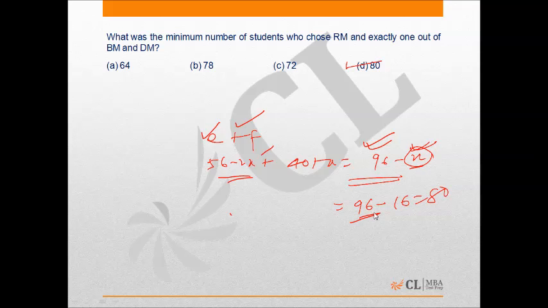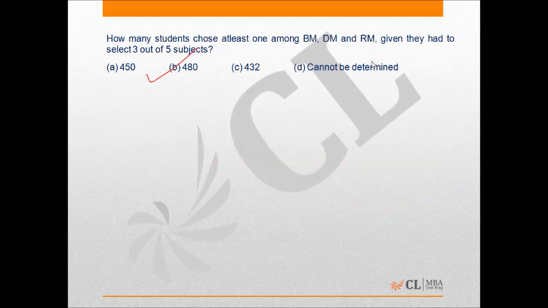Therefore the required value will be 96 minus 16, which is 80. Therefore option D is the correct answer.